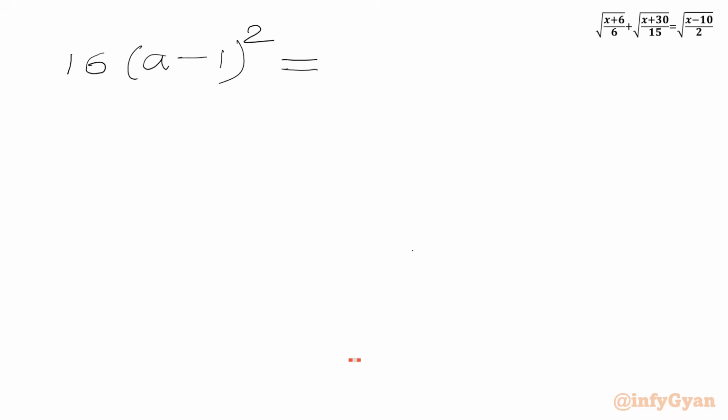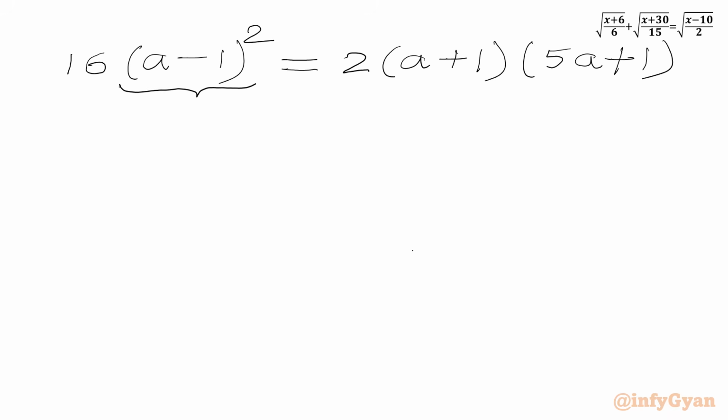So let me write here 16 times a minus 1 whole square in LHS will be equal to our radicand in RHS, which is 2 times a plus 1 times 5a plus 1. Now we will expand a minus 1 whole square, but before that we can divide both sides by 2.